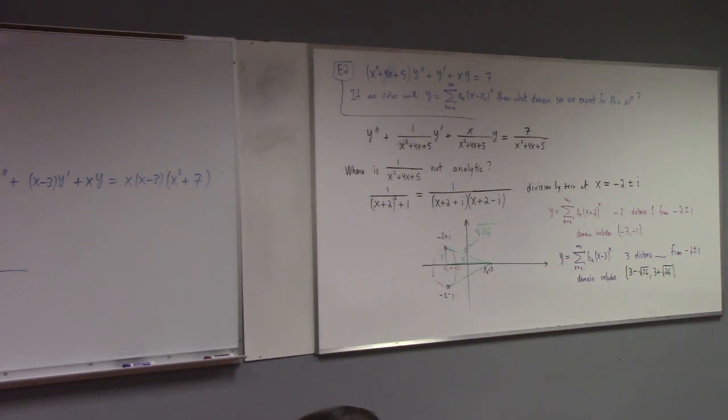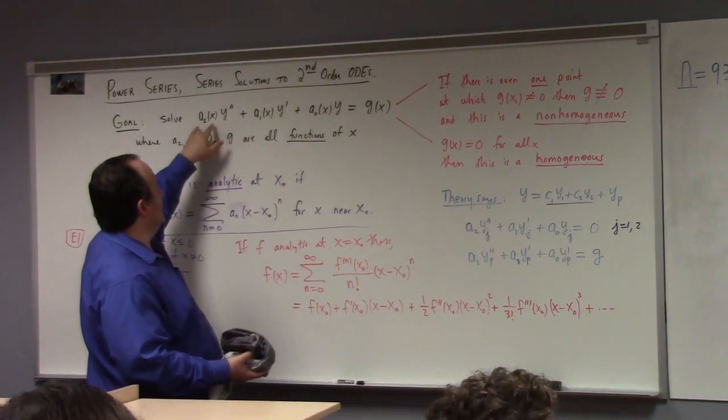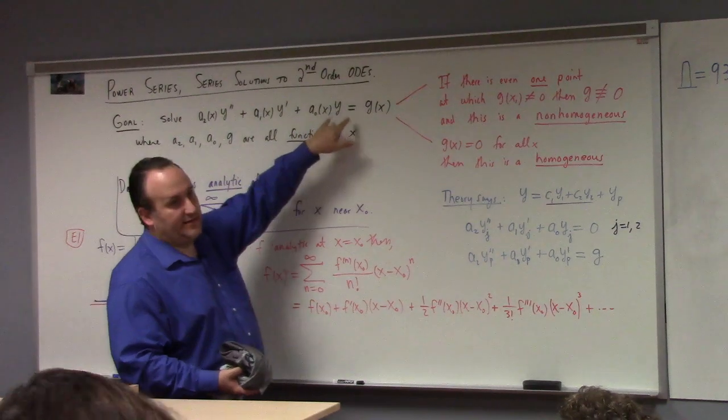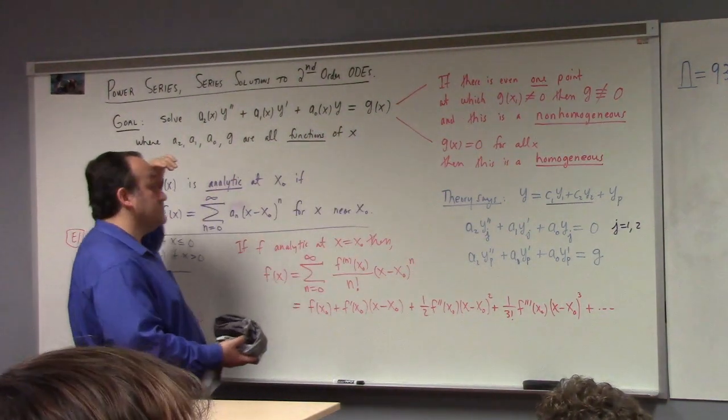So if the differential equation is such that the coefficients of the differential equation, like in this original problem, a sub 2, a sub 1, a sub 0, g, are all analytic, all right.